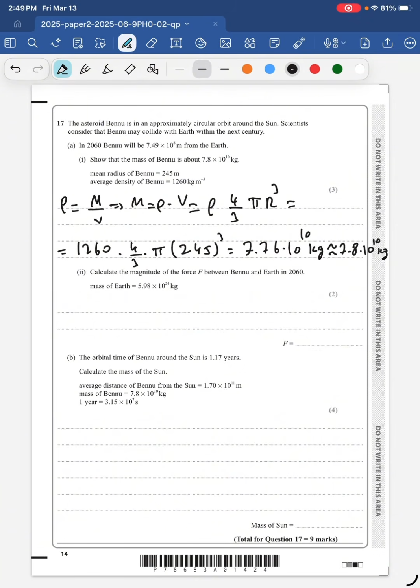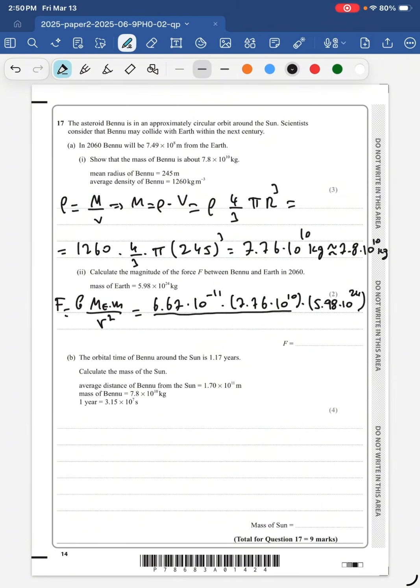Okay, part 2, calculate the magnitude of the force F between Bennu and Earth in 2060, and they give you the mass of the Earth. Okay, we can use Newton's formula, G, mass of the Earth, mass of Bennu over r squared. So 6.67 times 10 to the negative 11 times 7.76 times 10 to the 10 times 5.98 times 10 to the 24.